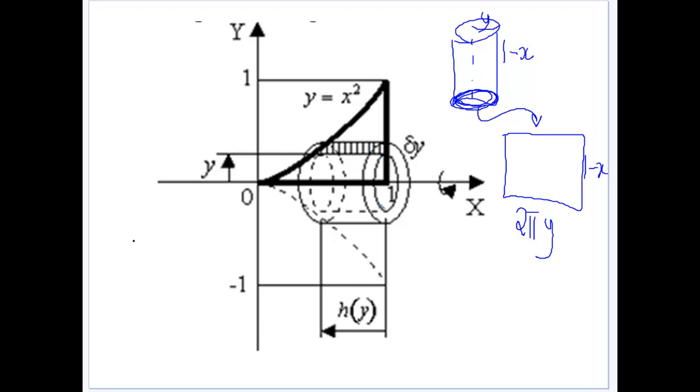But because we're taking a cylindrical shell, our thickness becomes whatever's parallel to the axis of rotation. So this time it's going to be delta y, not delta x. That's the difference between circular slices and cylindrical shells.